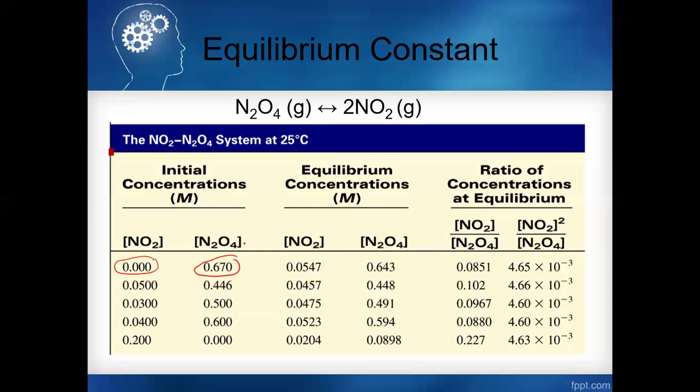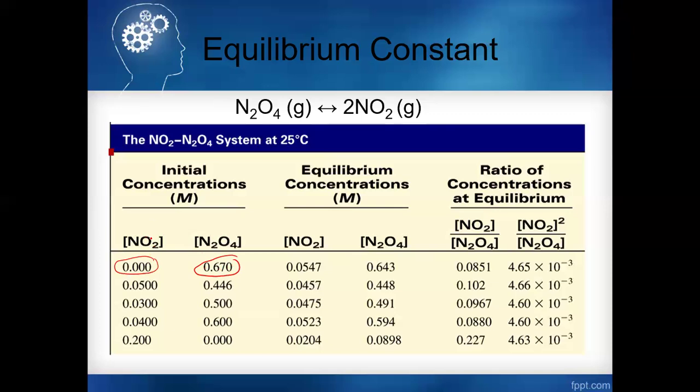So meaning the moment the 0.670 of your reactant drops, there will be a rise in the concentration of the product. There will be something formed for the product.